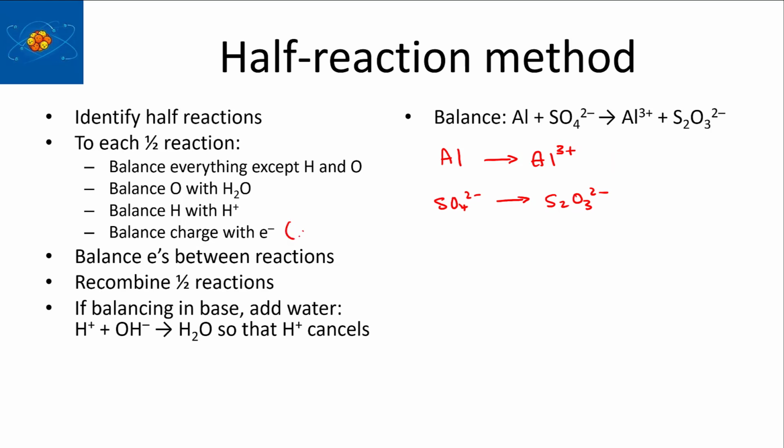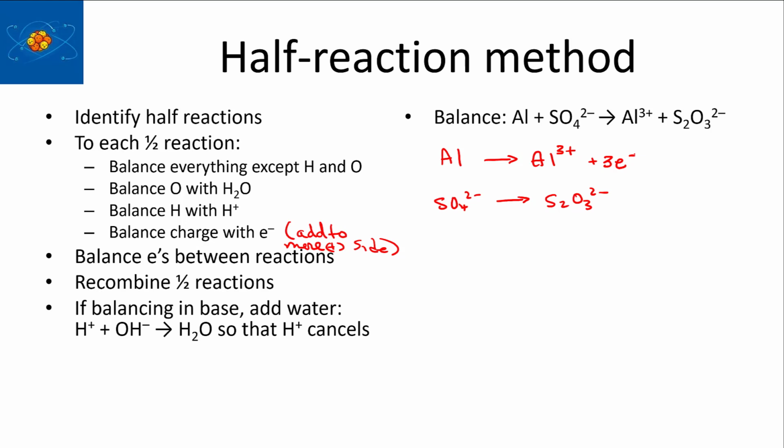Add to the more positive side. So aluminum is 3 plus, and aluminum metal is 0, so I'm going to add the electrons over here. And that balances it out. That half reaction is balanced.